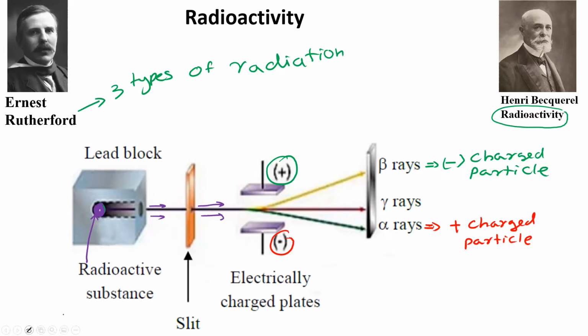And then gamma rays, they did not deflect in a magnetic field or in an electric field. And he found these to be some high energy radiation. They have no charge. And also it is not a particle, it's instead high energy radiation.